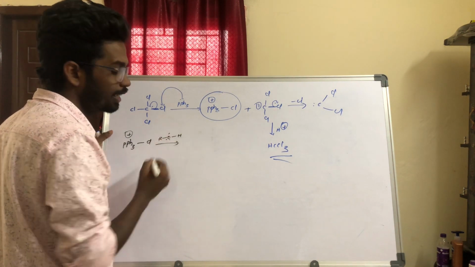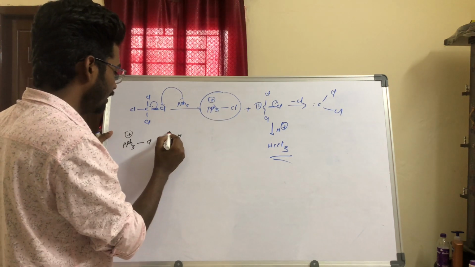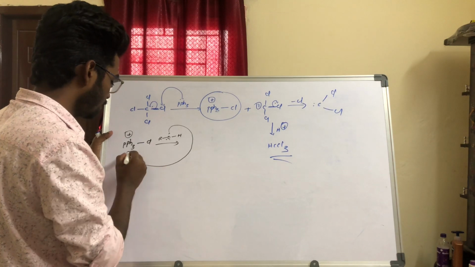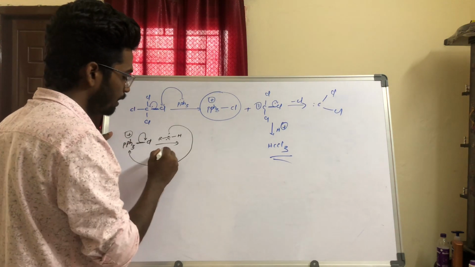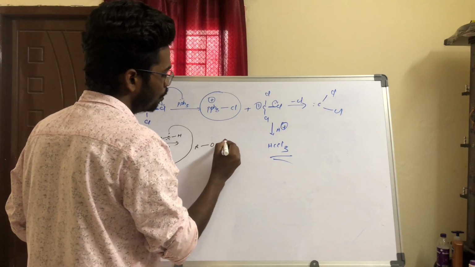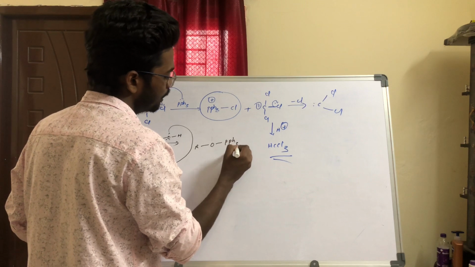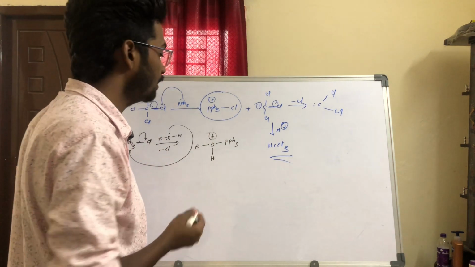The oxygen containing a lone pair of electrons attacks the PPh3, and this chlorine leaves. So minus chlorine, you will get RO, PPh3, with H on the oxygen carrying a positive charge. It is highly unstable, so this hydrogen is removed. You will get R-O-PPh3 with a positive charge.